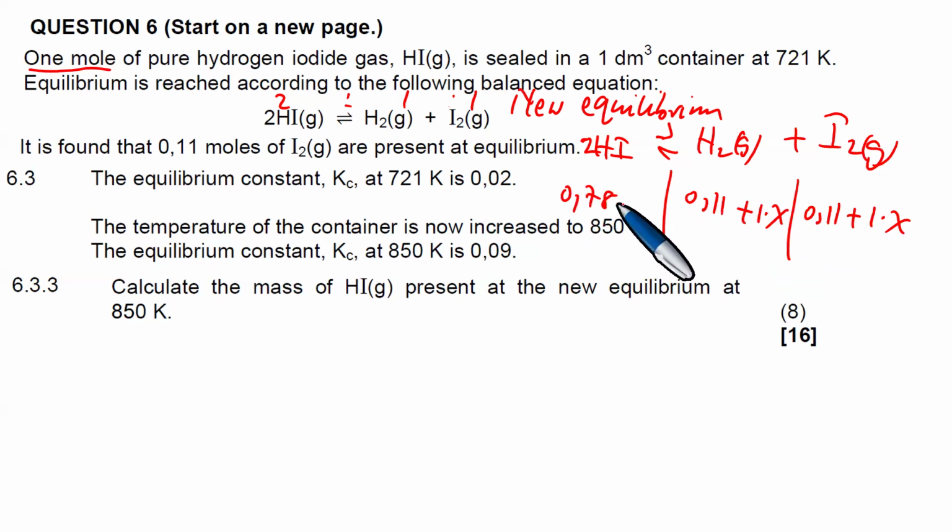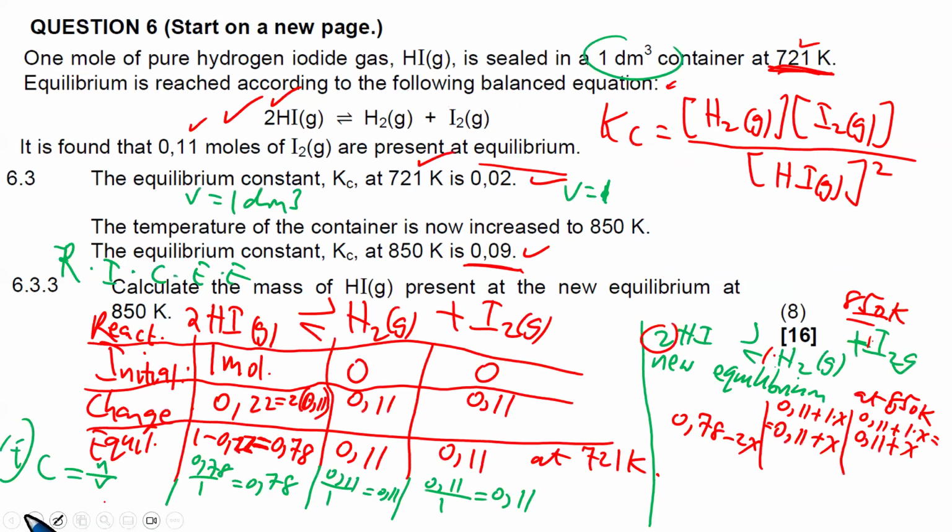And then 0.78, and then we minus 2x. With this, we are able to continue and solve this. Now we have the new equilibrium concentrations. We did the rise together there, messy, but we did it.